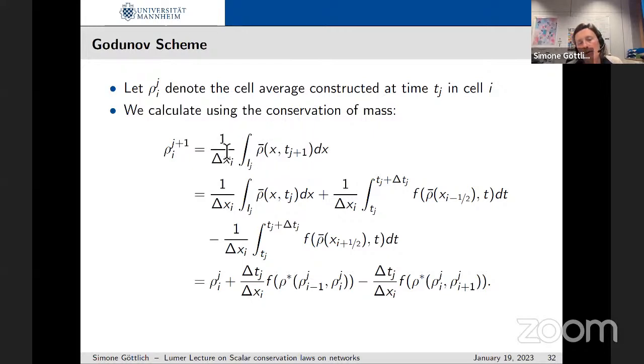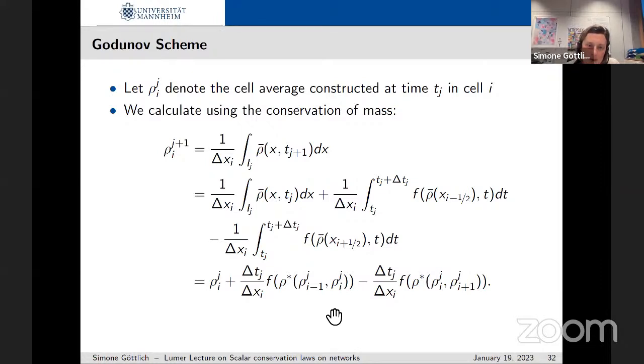If we now think of a numerical scheme coming out of these ideas, we consider the update for the time level j plus 1: we take the cell average at the time level t j, and then we add and subtract the fluxes at the interfaces we aim to consider. This can be done due to the conservation of mass. And this leads to this expression here, which is the idea of the Godunov scheme.